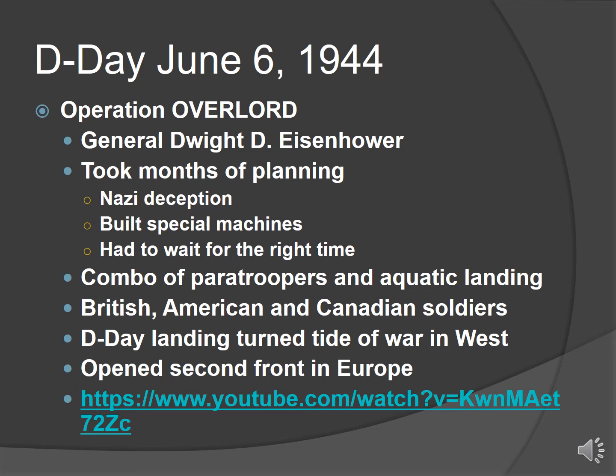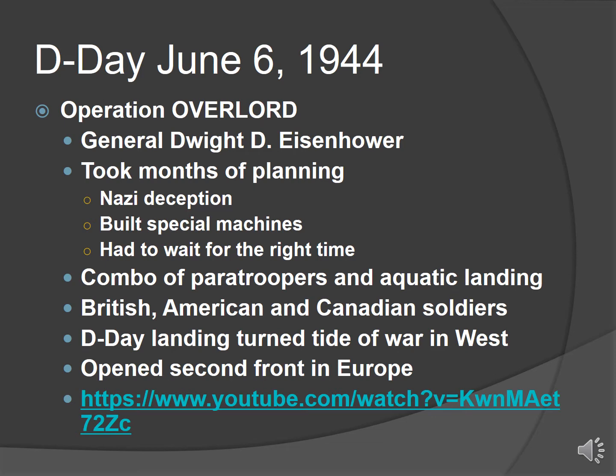And then in the early morning hours, right at daybreak, you start this aquatic landing invasion. And this was meant to be like a conveyor belt, where you just had wave after wave after wave of soldiers landing on the beach in order to take it.